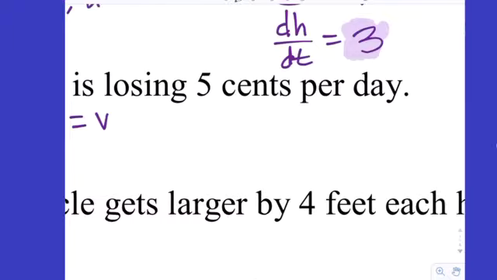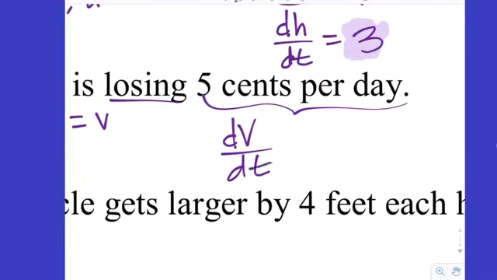So now, here's the key word, losing. That's how we know it's changing, 5 cents per day. So I'm going to call that dV/dt, the rate of change of the value with respect to time. Is it going to be positive or negative? This one's negative, okay?